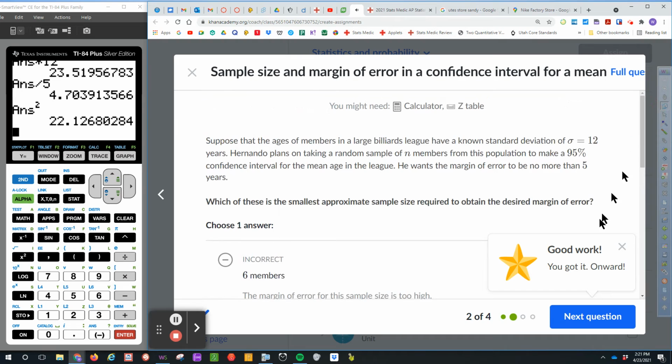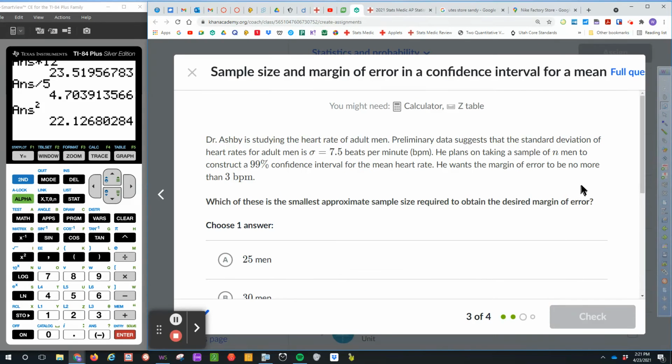Let's go to the next question. Dr. Ashby is studying the heart rate of adult males. Preliminary data suggests that the standard deviation of the heart rate for adult men is sigma equals 7.5. He plans on taking a sample of n men, which we don't know, to construct a 99% confidence interval for the mean heart rate.